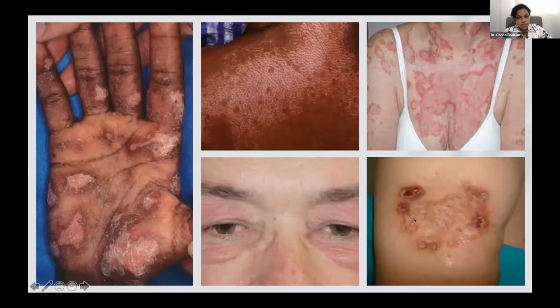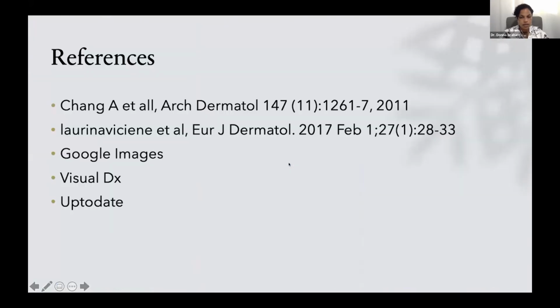Acute cutaneous lupus would usually present with malar erythema, not so much periorbital erythema and swelling.